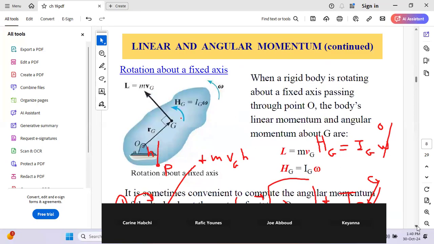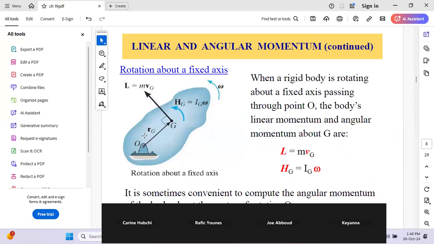Now, if we consider rotation about fixed axis, in this case, as we said, the point O has velocity of 0. And for angular momentum, we have several options. We can use HG equals IG omega, because this is always applicable, in all cases.